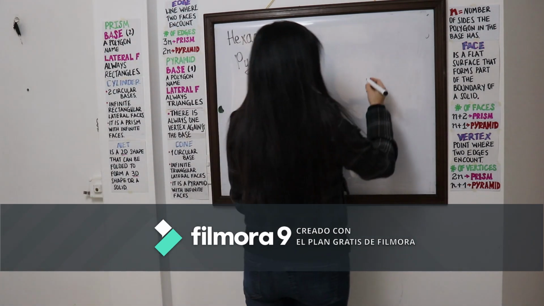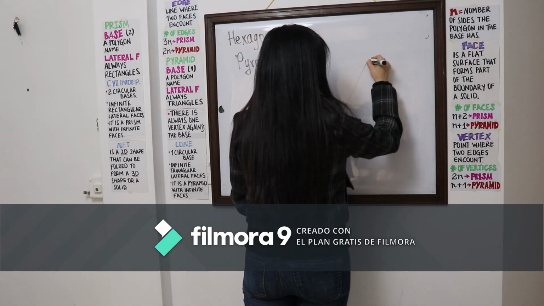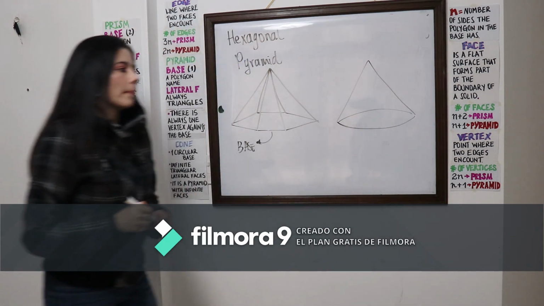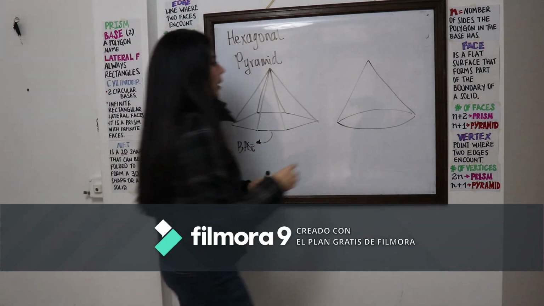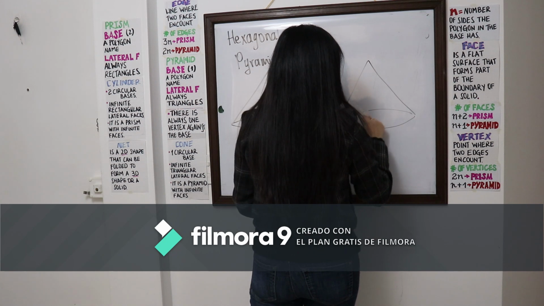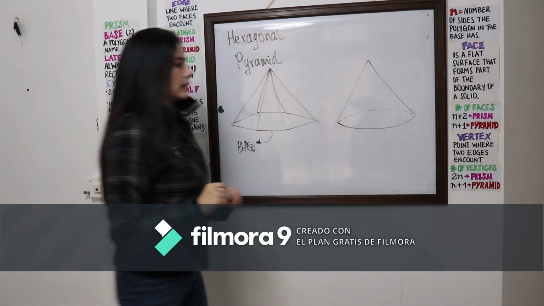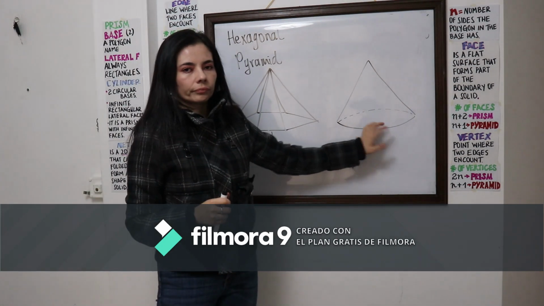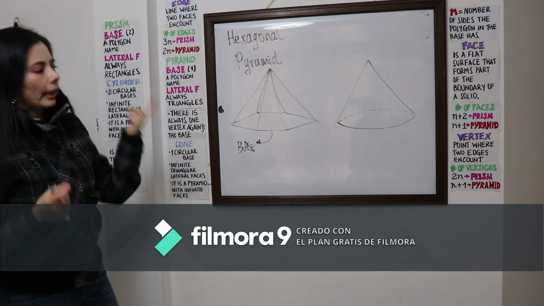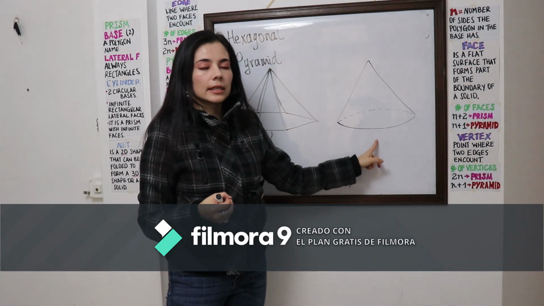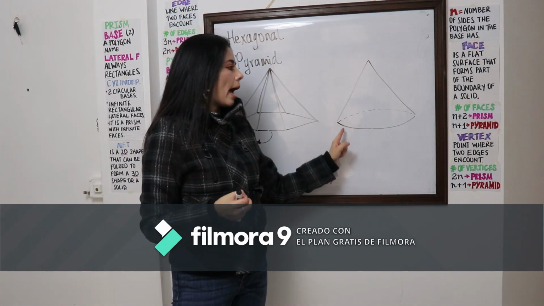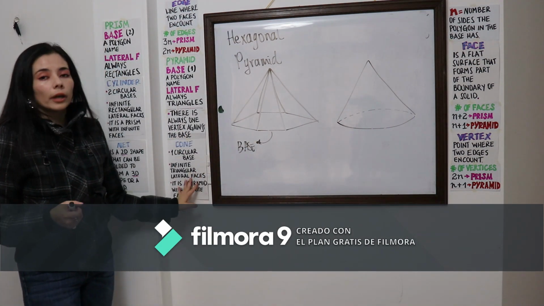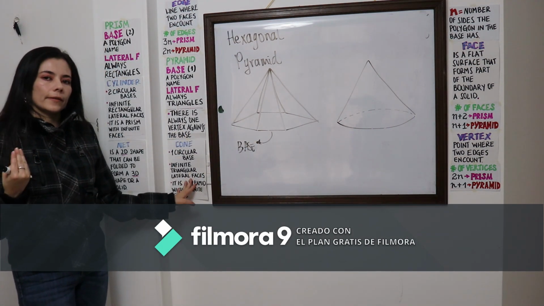Think about the cone though. The cone has one base as well. And that one base is actually a circle, right? And again, because the circle has infinite sides, then we know we're going to have infinite lateral faces. Of course, they're all triangular, but they're going to be infinite.